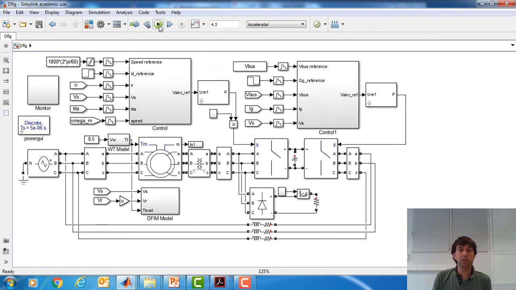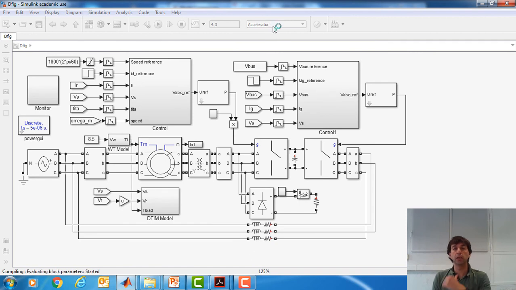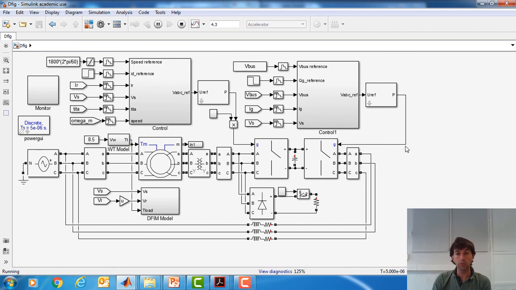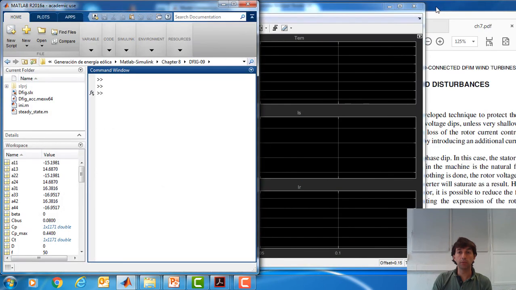That will take some seconds because we have the accelerator. So let's wait. Okay, so it seems that we have been lucky and there was no error, so it's working.